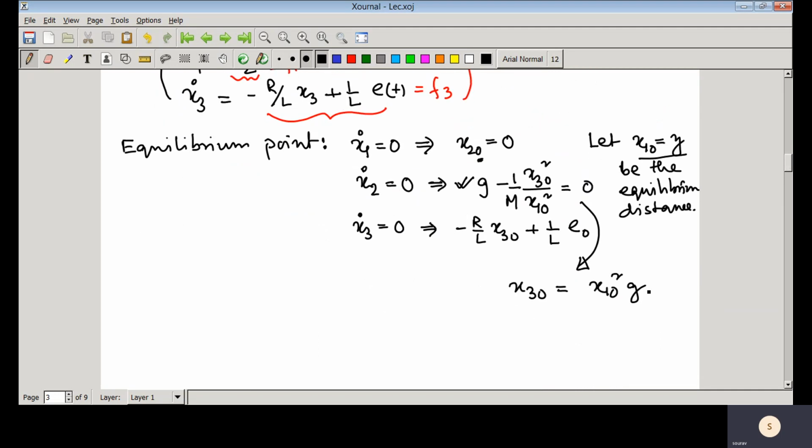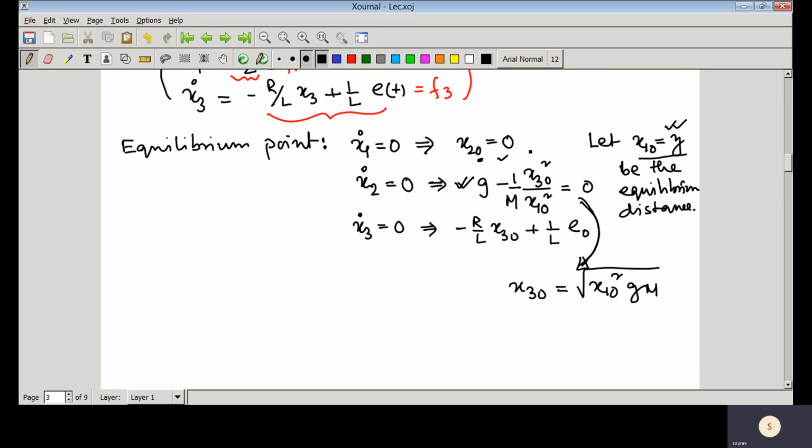So then we have the m square root. Just from this equation we get that. So for the equilibrium point, whenever you fix x10 equal to y, suppose it is 5 centimeter, then we can find x30, and x10 gives x20 equal to 0.